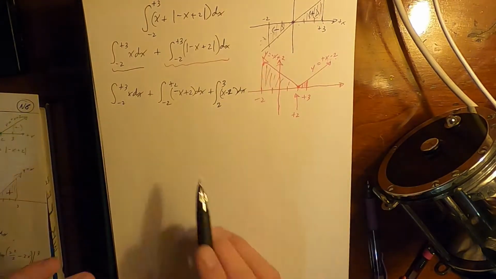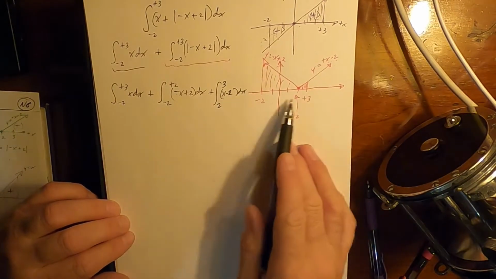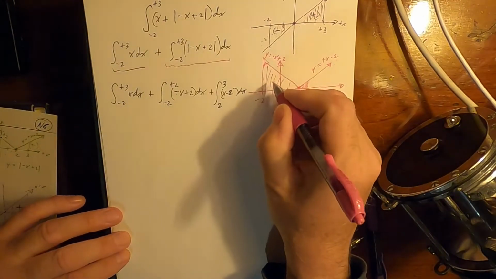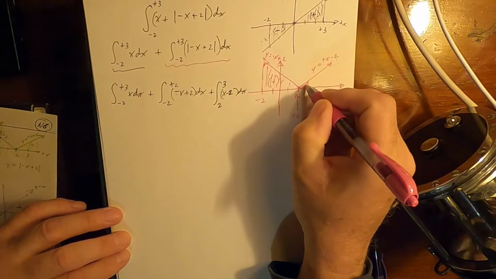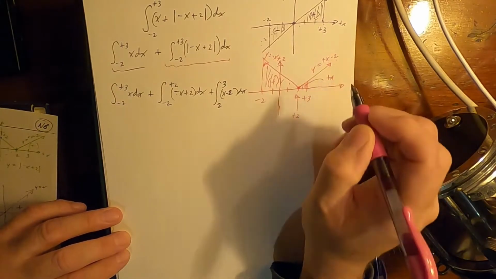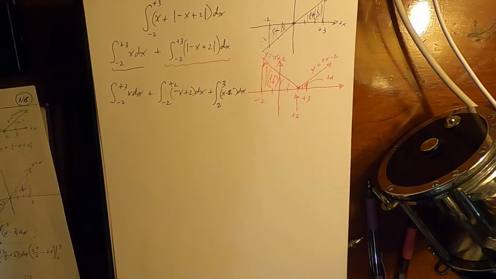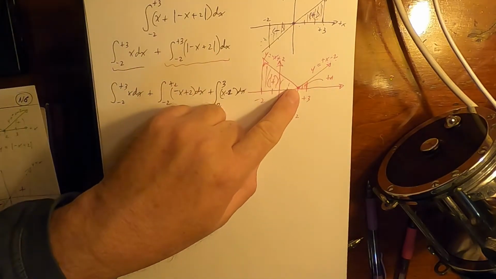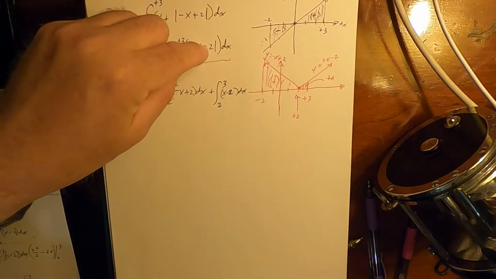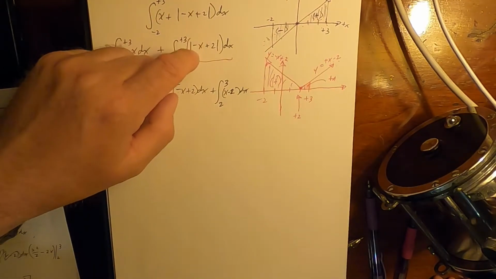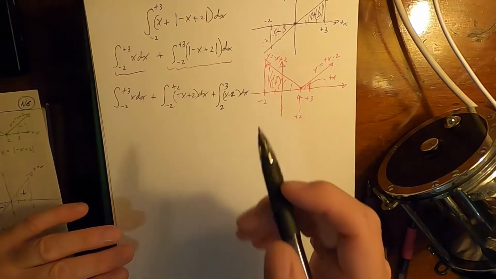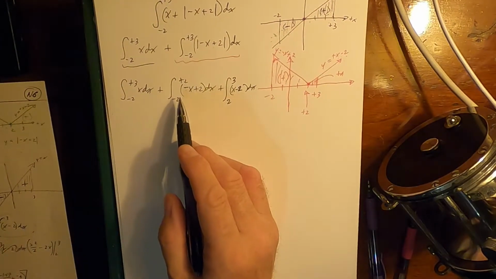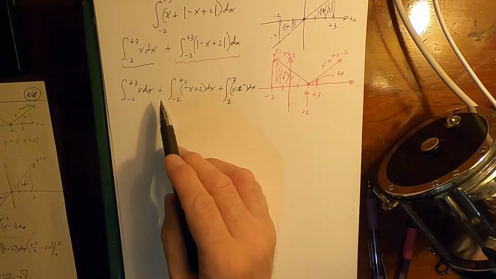Okay, so there you go. We're breaking this integral up, and here we're going to get positive area, and here we're going to get positive area as well. Very important: this is not one function. This is actually two functions because of the way this is set up with the absolute value. Now we're going to run along and do the integration.